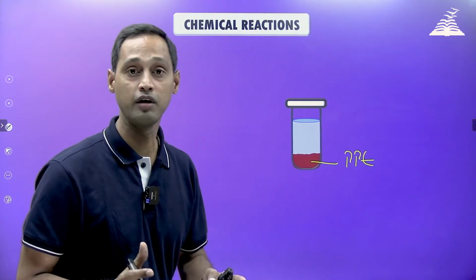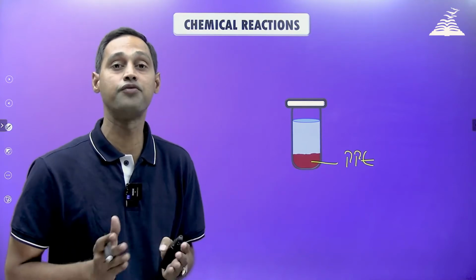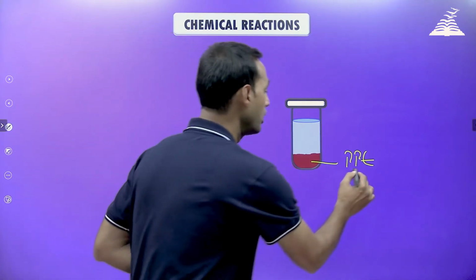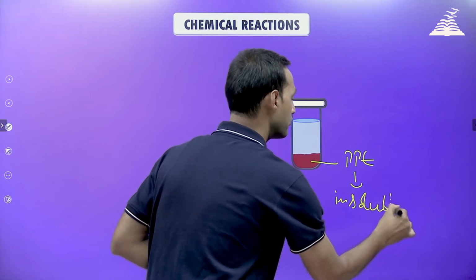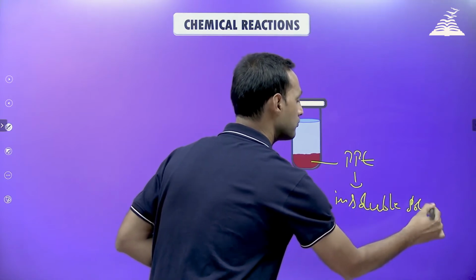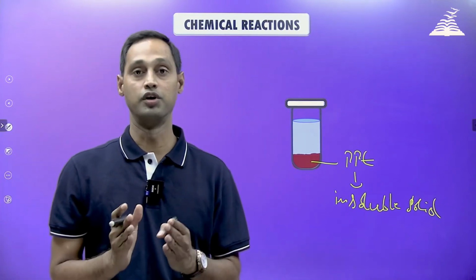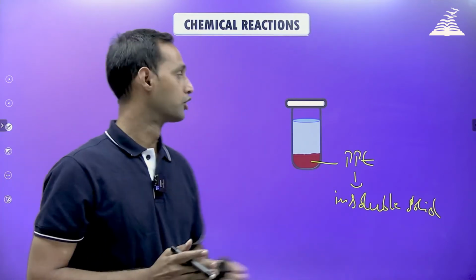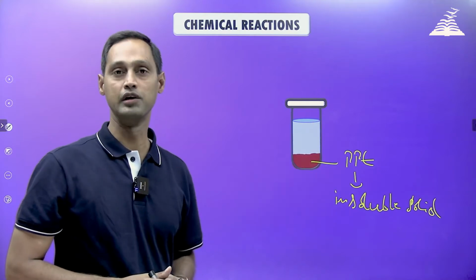What is precipitate? Precipitate is nothing but an insoluble solid substance formed. So formation of precipitate is one of the indications for a chemical change.